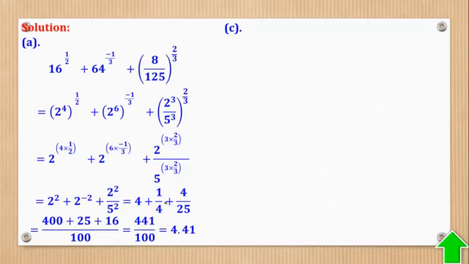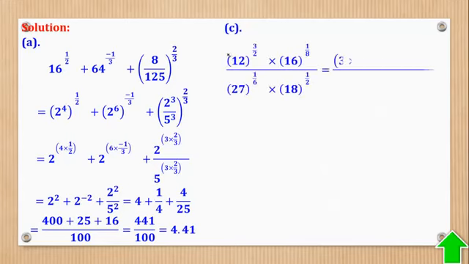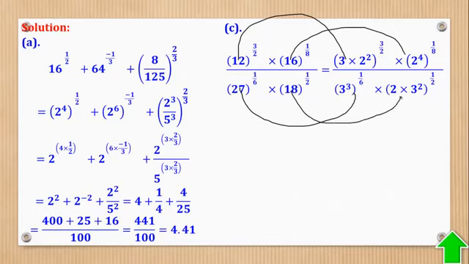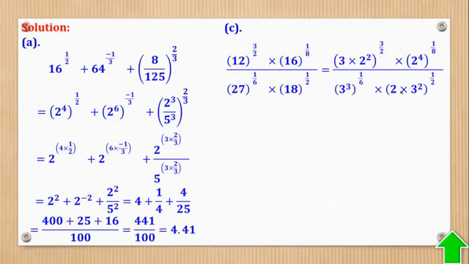Then for part B, that's what was given. The first thing to do is to prime factorize. 12 becomes 3 times 2 to the power 2. 16 becomes 2 to the power 4. 27 becomes 3 cubed. 18 becomes 2 times 3 to the power 2. Then you should remember that to open brackets, this multiplies throughout.